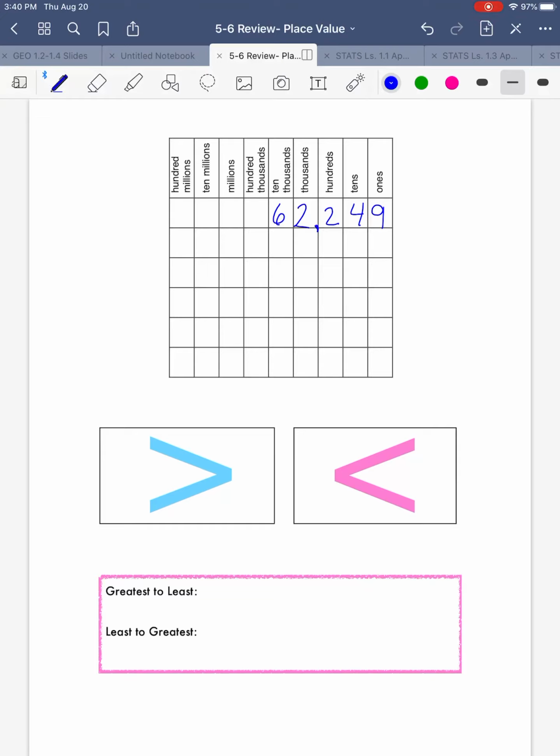The next number we're going to write is 62,007. It sounds a little bit like this one, 62,000. But since all you hear is 7, we need to put zeros and put the 7 in the ones place, okay? Now the third number that we're going to fill in the chart is 163,014.